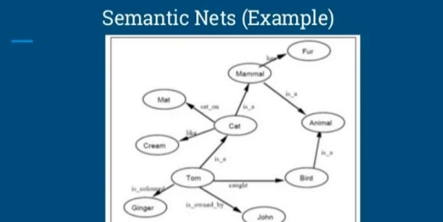And ginger is the color of Tom. If we go to the backward mapping, then that is a representation of a fact. Tom is owned by John. That is a fact. If we use backward mapping, John owns Tom. That is a representation to fact. Everything here is connected to any kind of representation and fact.